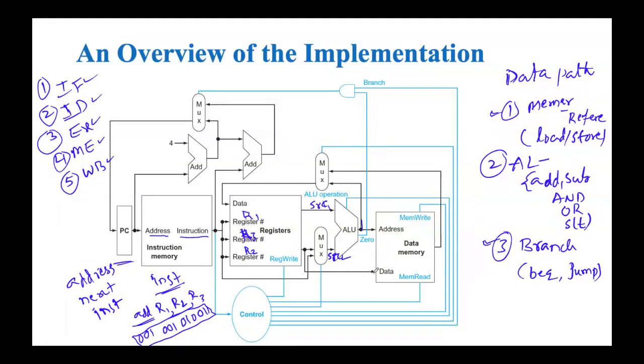So the value comes from your register file and the address comes from the ALU. For example, for a move instruction for store purpose, move R1 with the address, suppose R3 plus some 100.